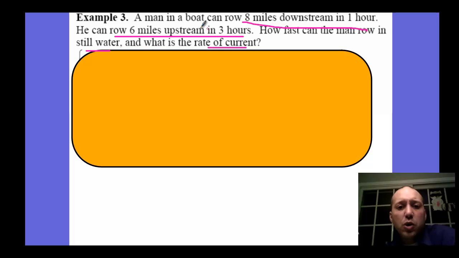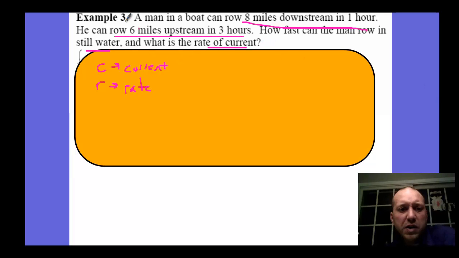When I have these word problems, a lot of times I try to figure out what my variables are. C is going to stand for the current, how fast the current is going. Then R is going to be the rate at which he can row. Now that I have the variables, I have to think about what's happening in the situation. Using basic science, distance equals rate times time, a formula we should know.